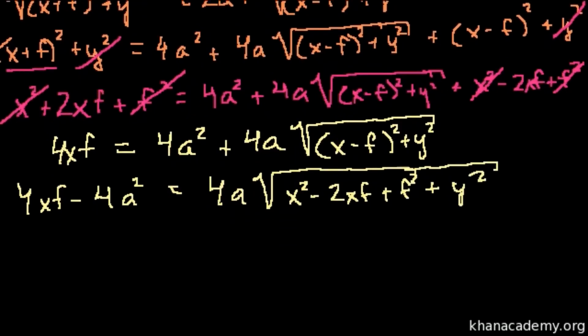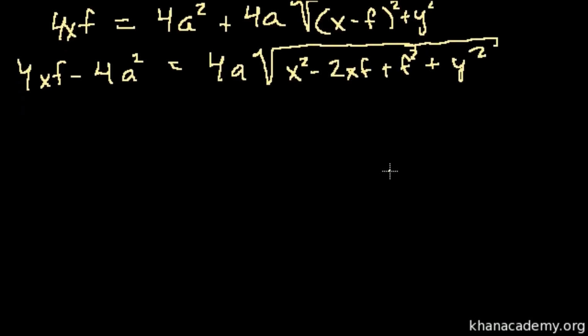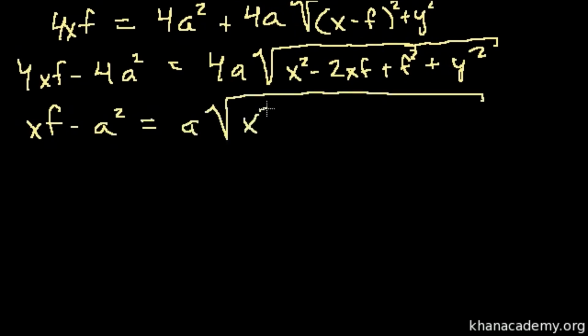We could divide both sides of this by 4. All I'm trying to do is just simplify this as much as possible. So then this becomes xf minus a squared is equal to a times the square root of this whole thing, x squared minus 2xf plus f squared plus y squared. And now we could square both sides of this equation right here.